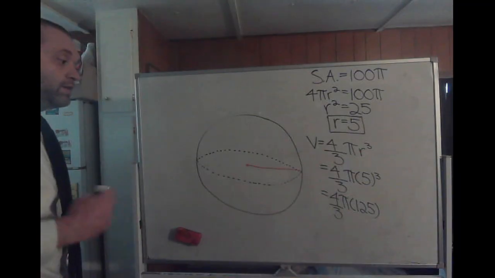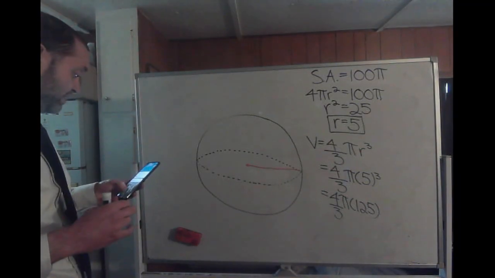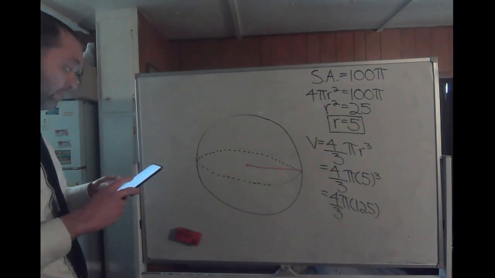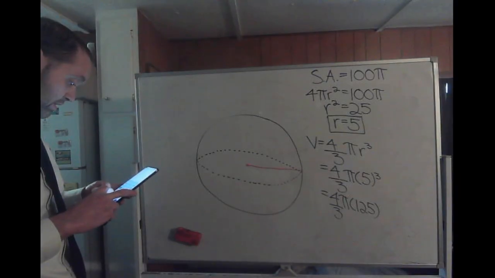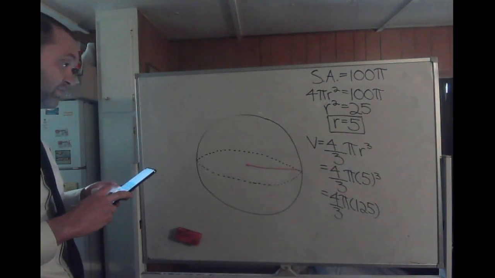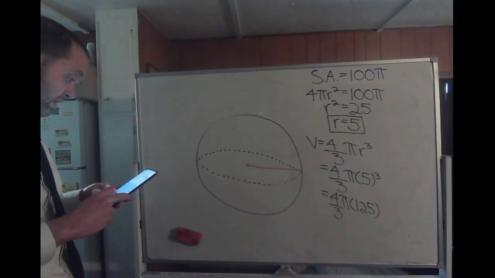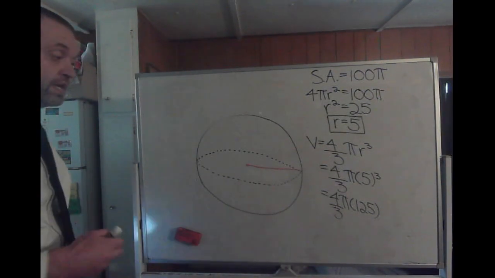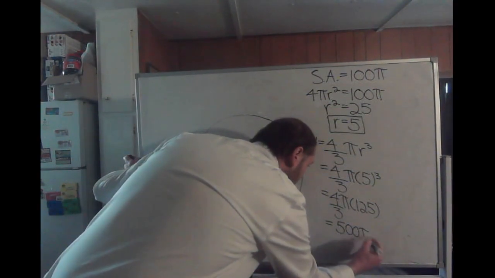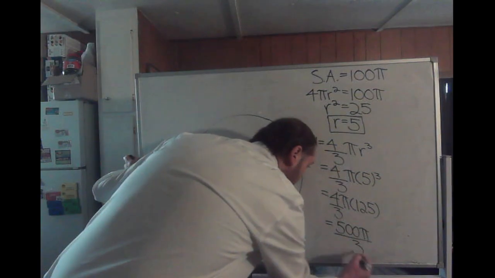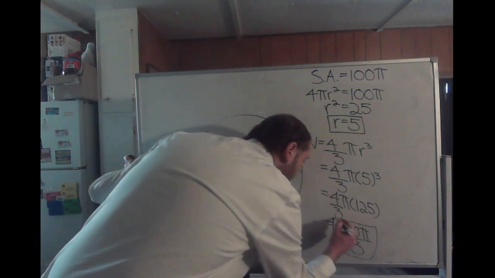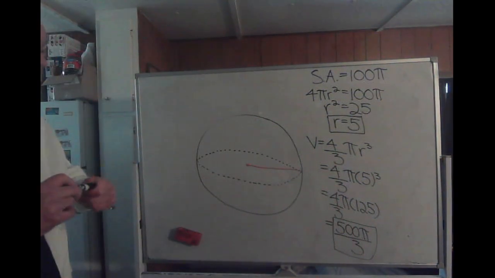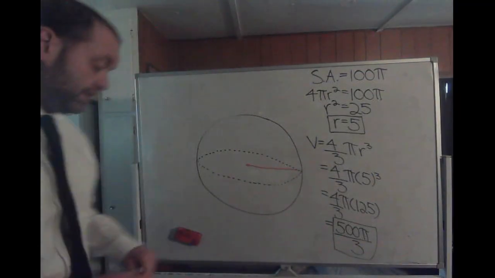So let's see here. Does any of this factor by 3? 125 sure doesn't. Okay, so the best we can do for the volume is it's going to be 500 pi over 3 cubic units. So you end up getting a volume of 500 pi over 3 cubic units.